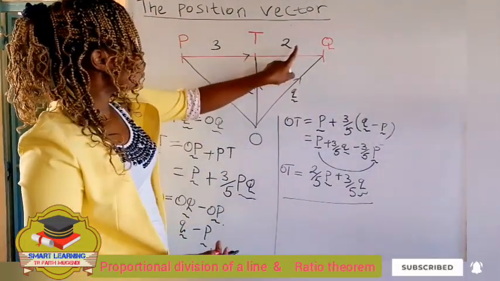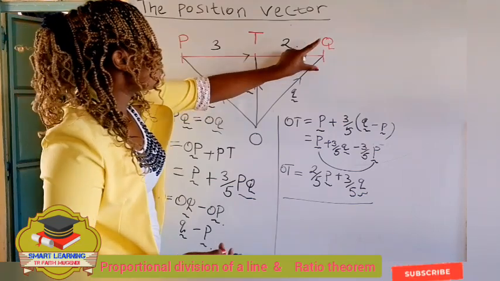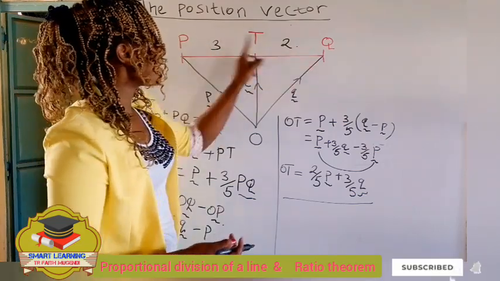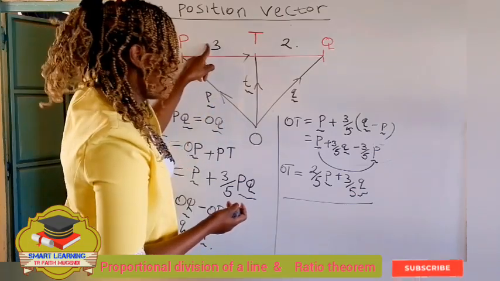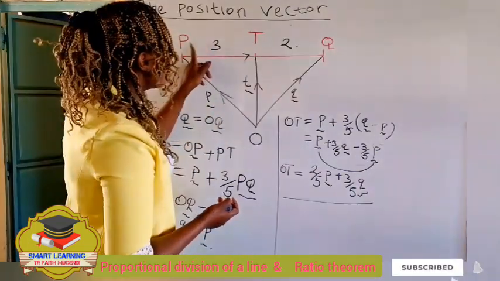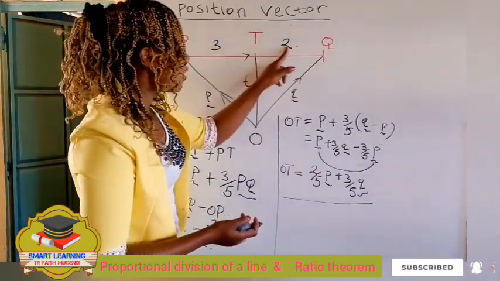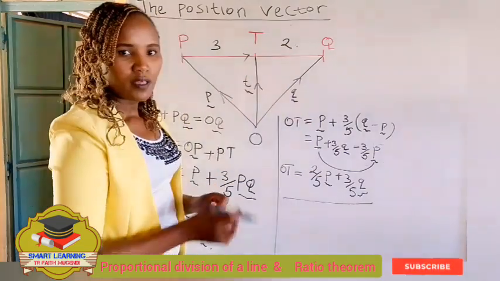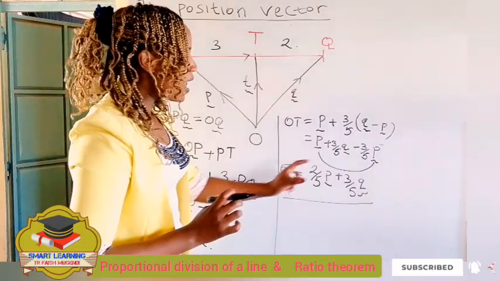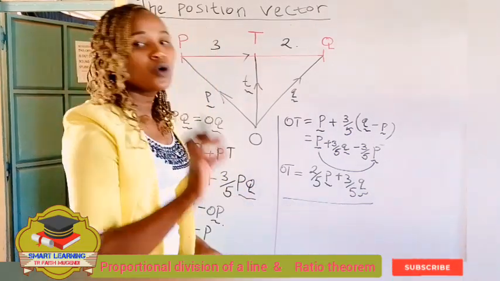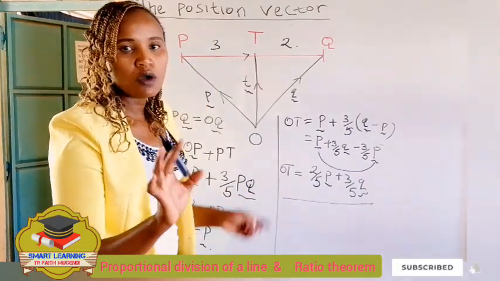We can see 2 over 5, which is 3 plus 2, P. And we can see 3 over 5, Q. There must be a formula which will help us arrive at this answer with minimal or zero calculation.